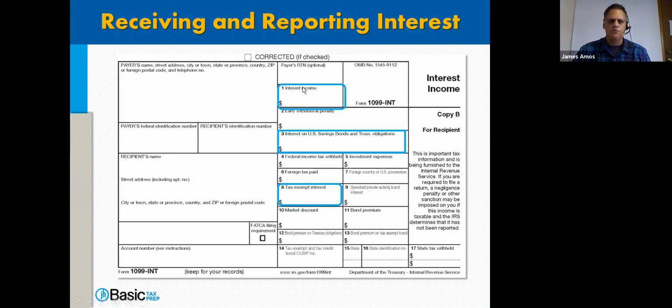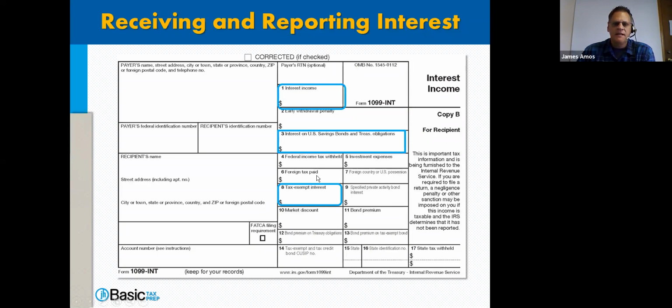This is taxable, federal and state. Box 3 is interest on U.S. savings bonds and treasury obligations. The IRS will tax this, but remember there's a law that says the states are not allowed to tax this. That's why it's reported separately.